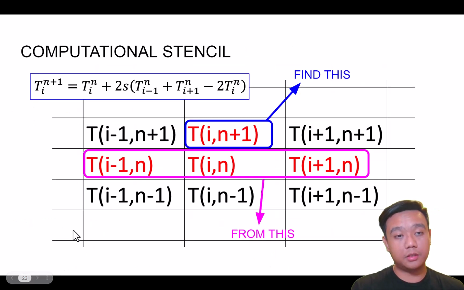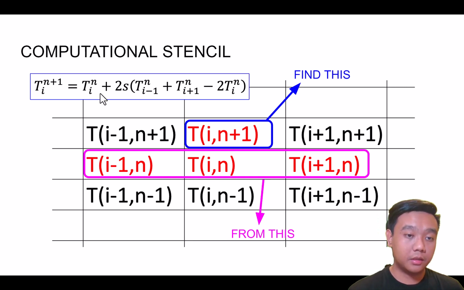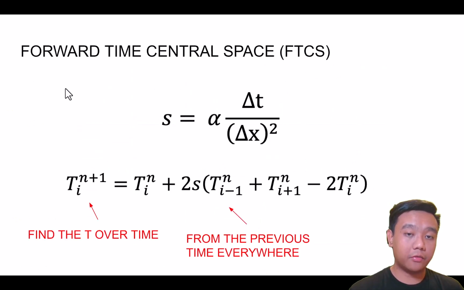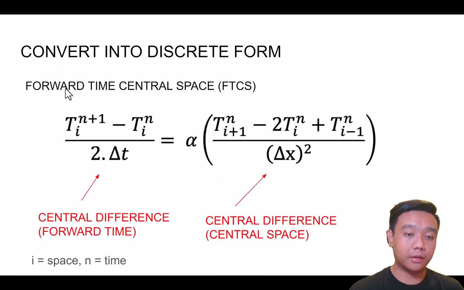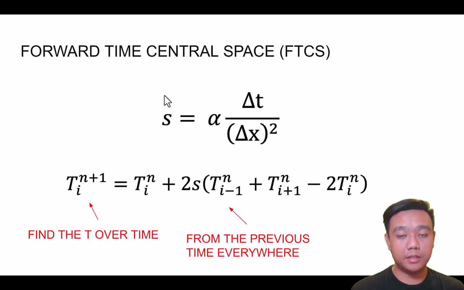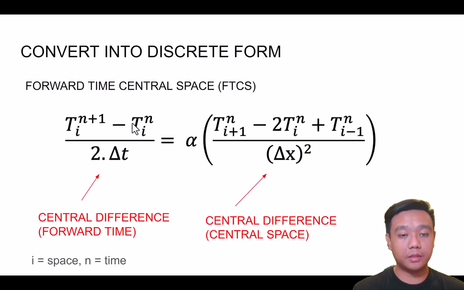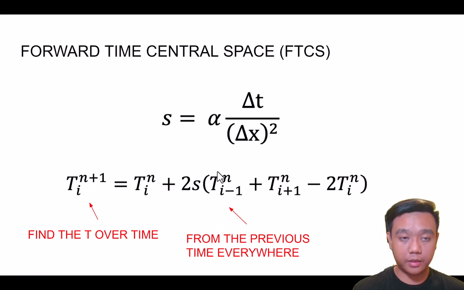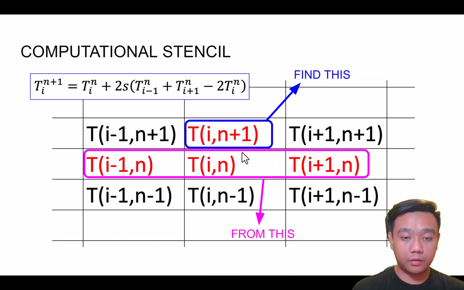To fill this table, we use our FTCS, or forward time central space, the equation we already defined, to calculate each block or mesh.